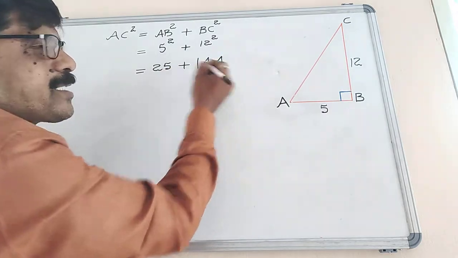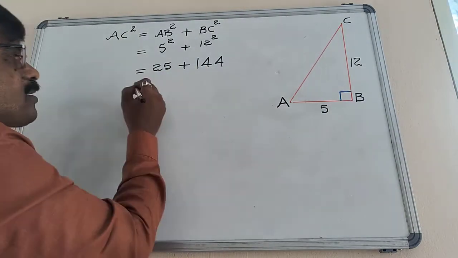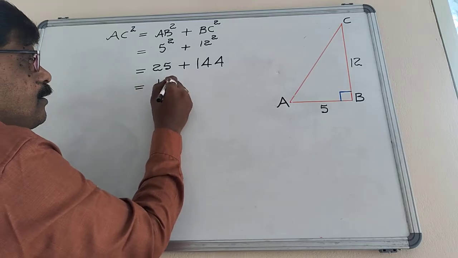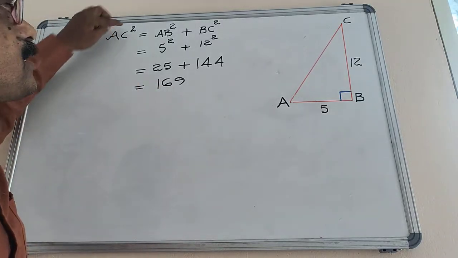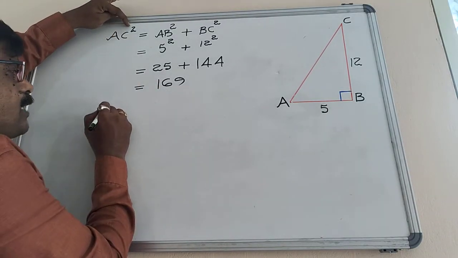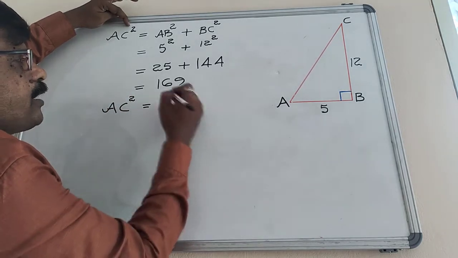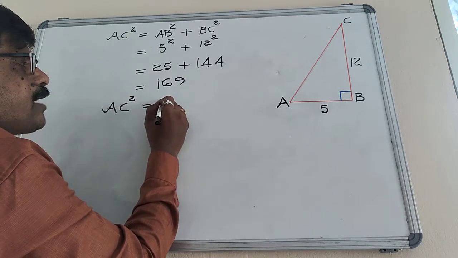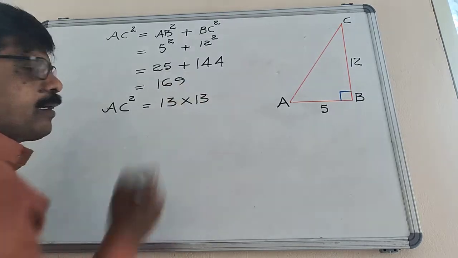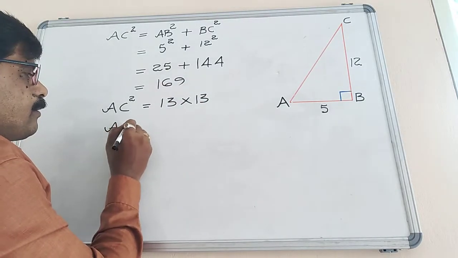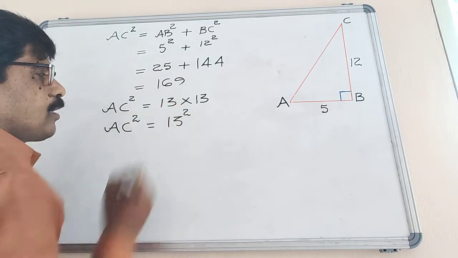Now the sum is 25 plus 144, which is 169. 169 is the value of AC square. 169 can be written as 13 into 13. Now AC square equals 13 square.